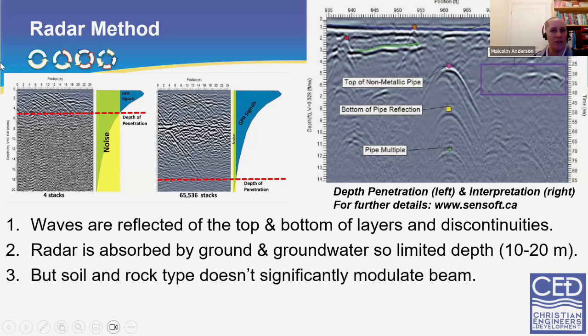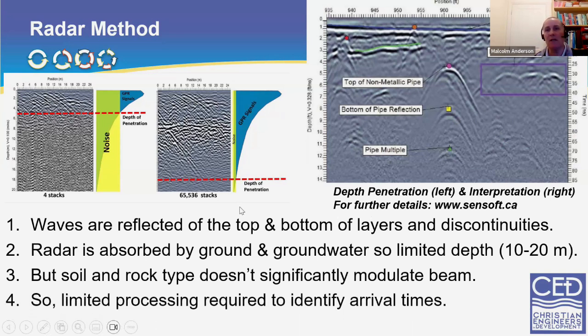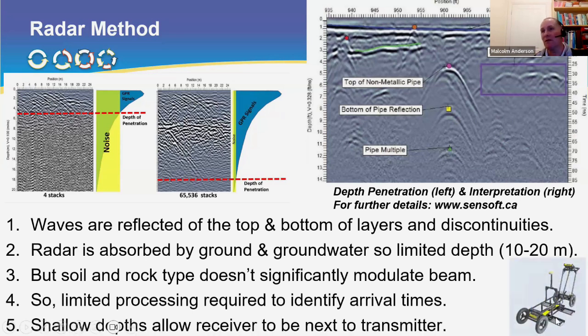Good news is that soil and rock type doesn't significantly modulate the beam, so the interpretation becomes fairly straightforward. And a small little instrument like the noggin here is pretty basic, and it produces very good results for the engineering surface. In other words, 0 to 20 meters, but it's of limited use in groundwater.